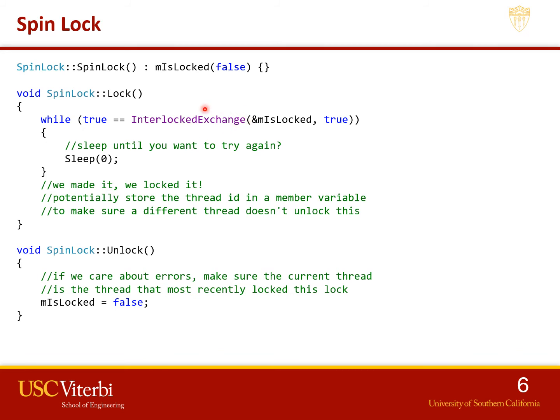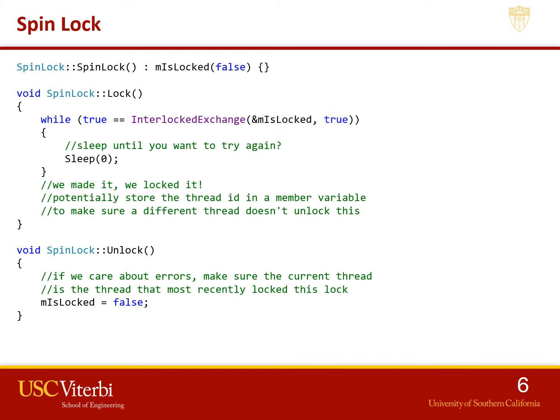Here is our interlocked exchange, and let's see how we're using it. The address we're going to be giving it is the address of our Boolean variable. So we have this shared resources Boolean variable. Now remember what interlocked exchange does is it sets it to true from whatever it used to be.